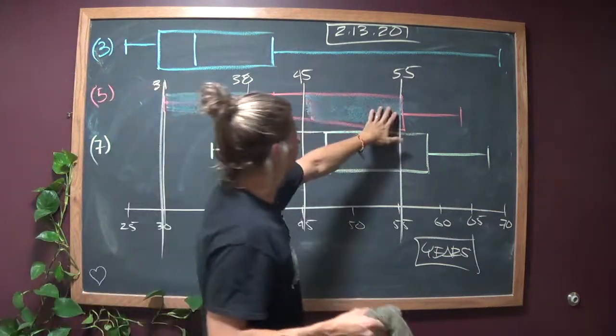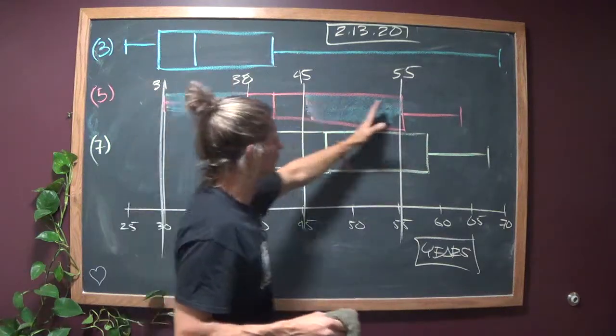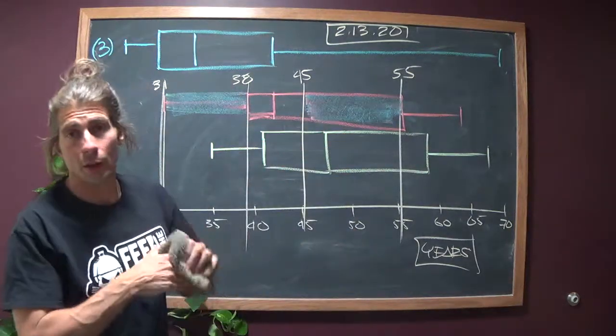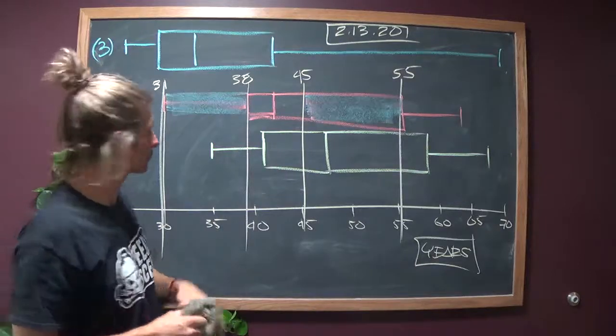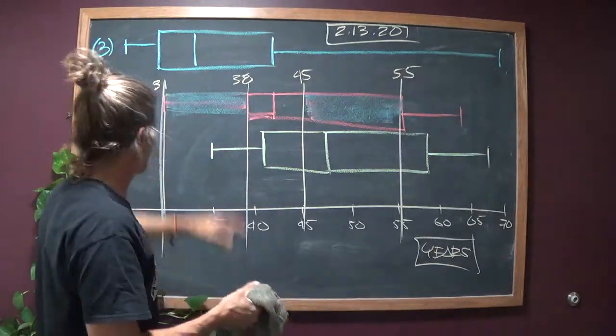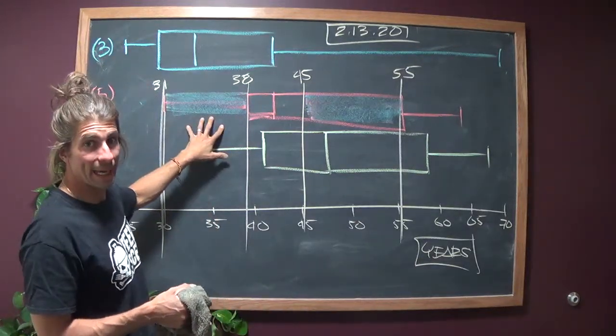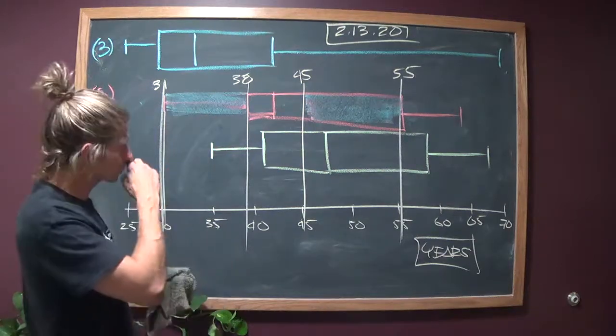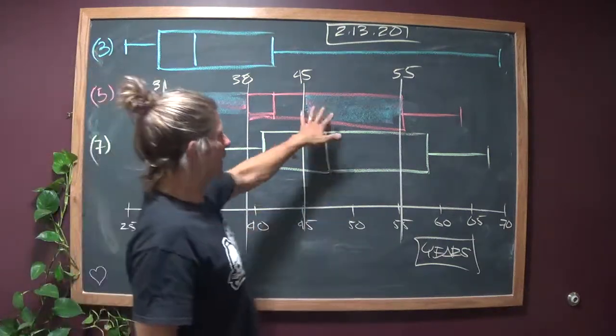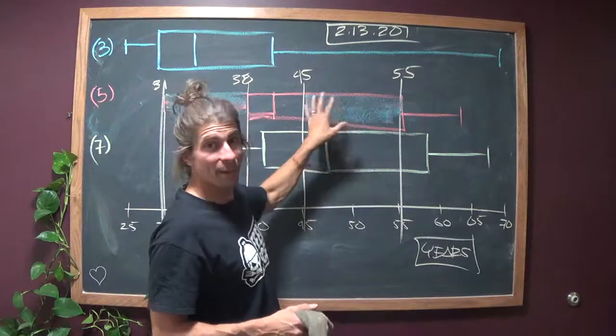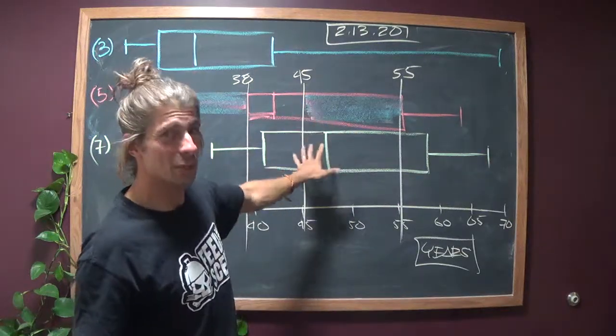Because 45 to 55 does not contain the entire 25% of the data set that's down here. I'm going to come back, there might be a caveat on that. This has to contain 25% of the data. By definition, it's a quarter. The only way this might contain 25%, it most likely contains less than 25%.